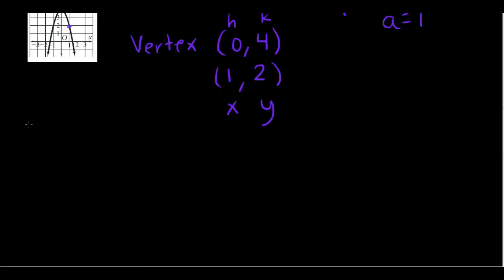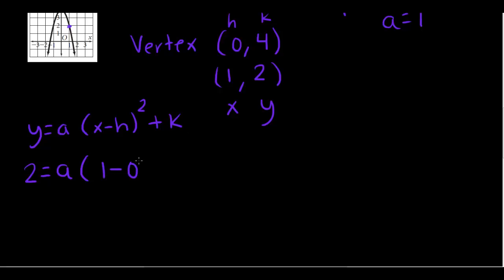Again, the vertex form is y equals a times x minus h squared plus k. So let's go ahead and plug in all this information. So y is 2 equals a, that's what I'm looking for. x is 1 minus h, which is 0, squared plus 4.